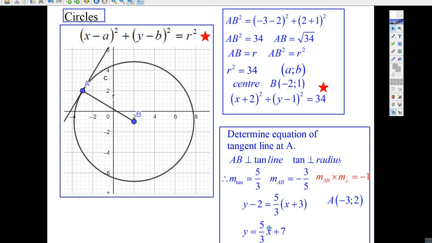Hey, we've done this before on the other page, the perpendicular line. We put in the gradient, and we put in the coordinates for A. Minus -3 is plus 3. Minus 2 for the y. That's your answer. 5 over 3x plus 5, 3 times 5 over 3, and then add 2. There's the equation of the tangent line. Well, that's the essential stuff we have to know for analytical geometry.